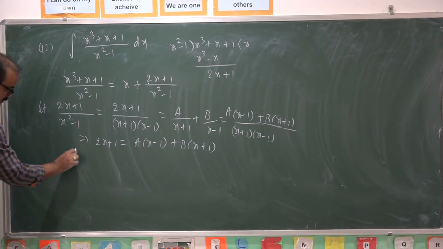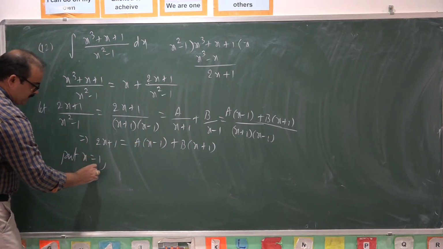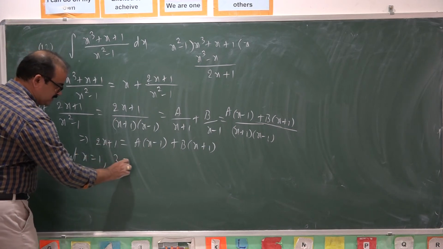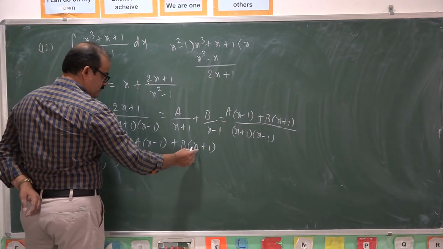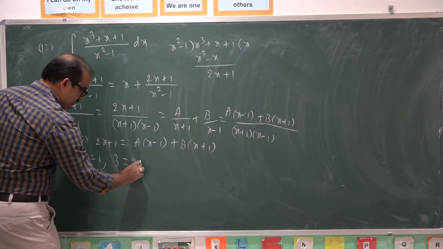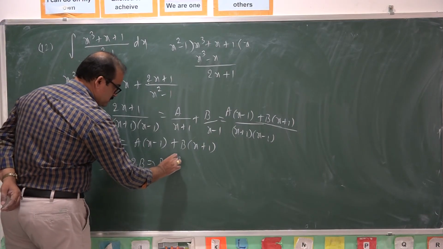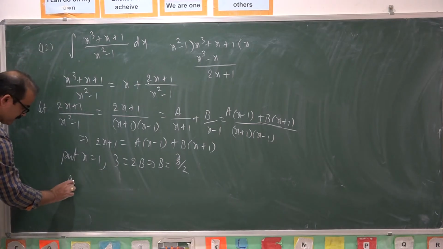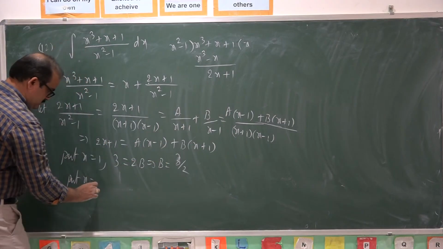Now, you put x is equal to 1. LHS becomes 2 plus 1, 3, is equal to, first term is 0, b into 1 plus 1, 2, 2b. From this b is equal to 3 by 2. Next, put x is equal to minus 1.